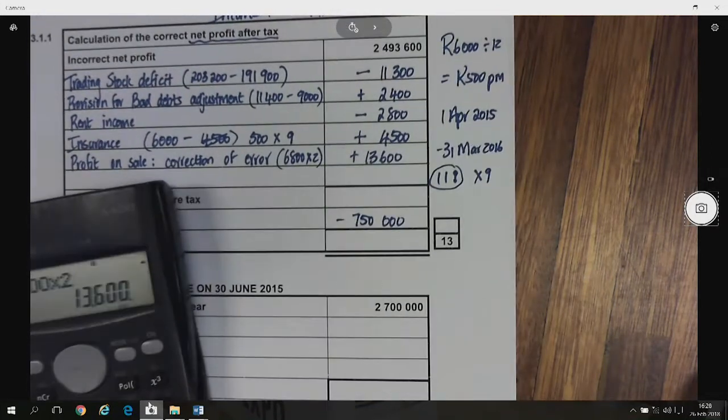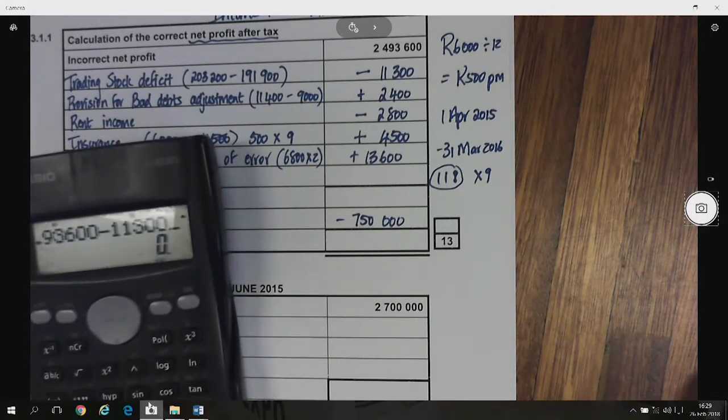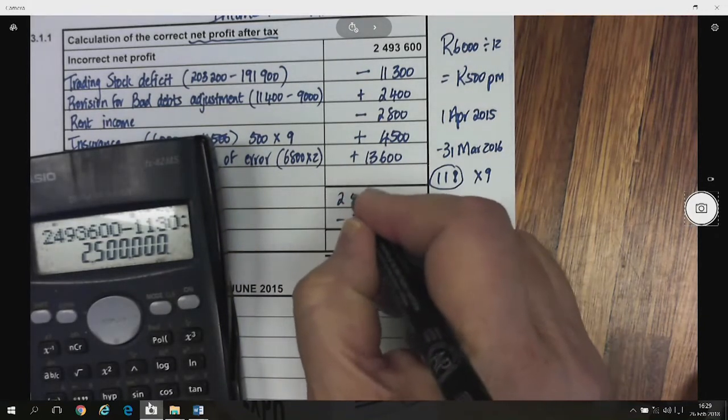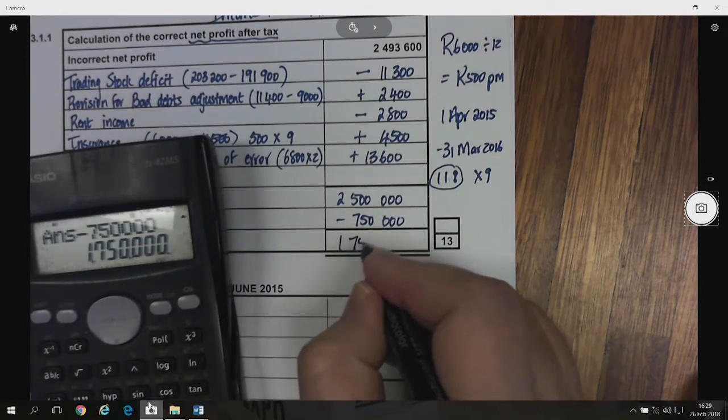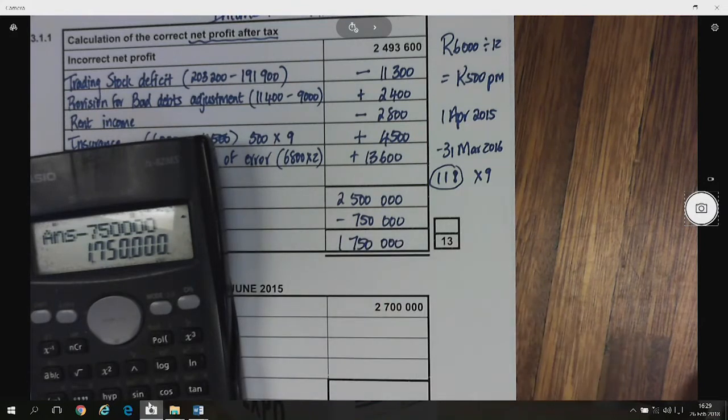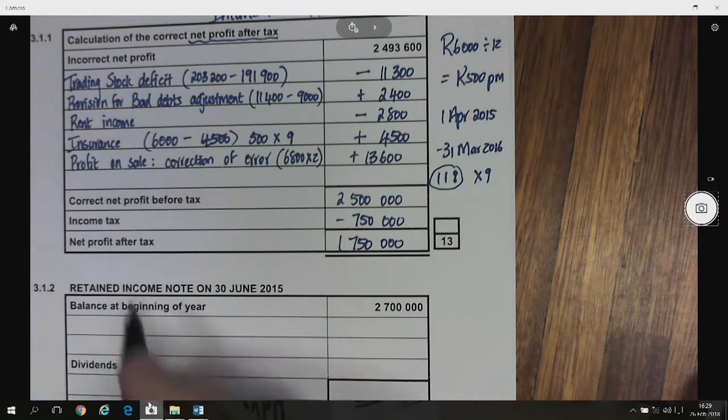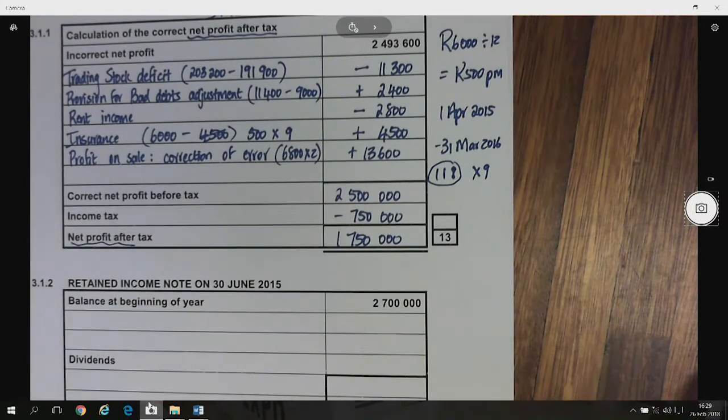So if we quickly do the calculation, 2,493,600 minus the 11,300 plus the 2,400 minus the 2,800 plus the 4,500 plus the 13,600, that gives us 2,500,000 rand, and then we minus the 750,000, and that gives us 1,750,000 rand for the new or the correct net profit after tax, and that will give you 13 marks.